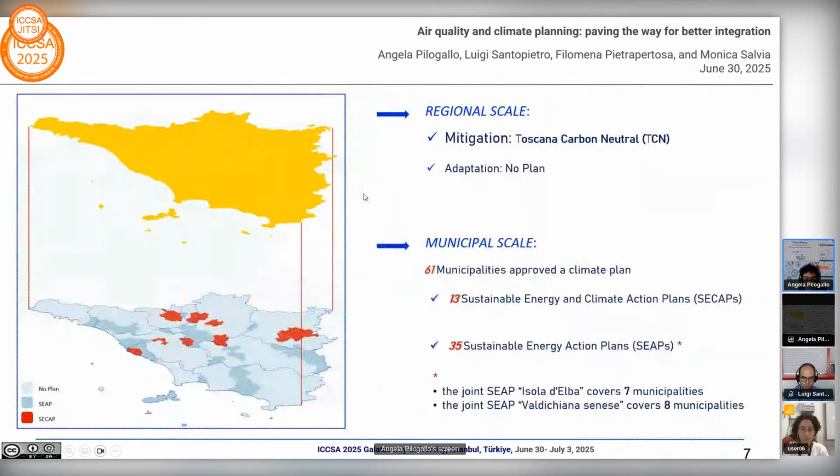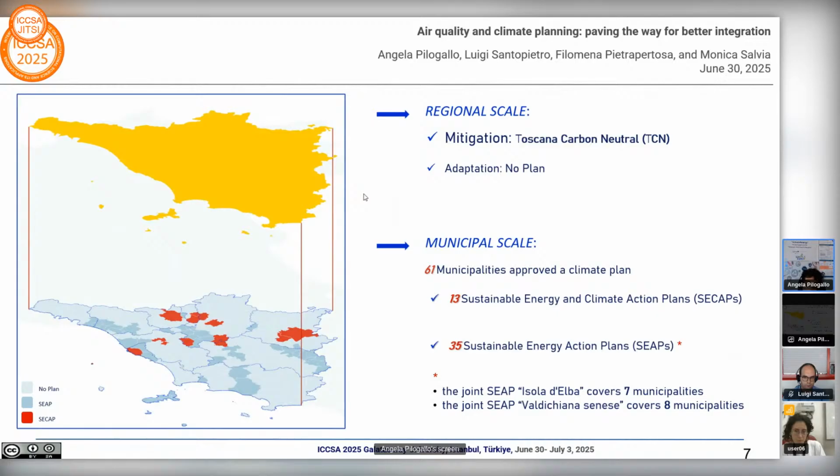Why did we choose Tuscany? Because, as I said, it approved the Toscana carbon neutral plan, targeting carbon neutrality by 2050, and we also considered the municipal scale, with 61 municipalities with climate plans, between SEAPs, so just mitigation plans, and SECAPs, targeting both mitigation and adaptation objectives.